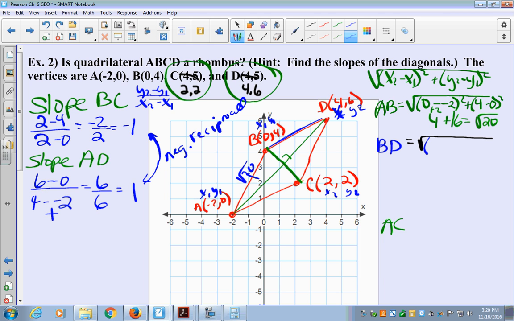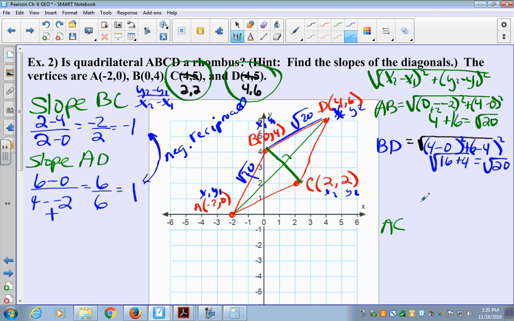BD is, the x's subtracted, so let's go 4 minus 0 squared and 6 minus 4 squared. 4 minus 0 is 4, squared is 16. 6 minus 4 is 2, and 2 squared is 4. Oh, heck yeah, that equals square root of 20, so I'm 2 for 2.